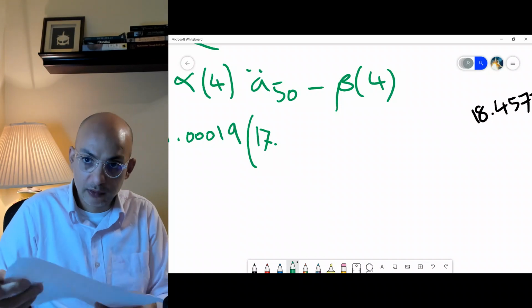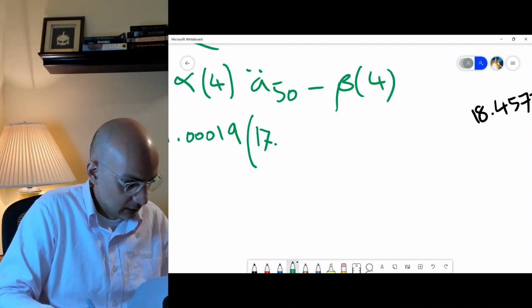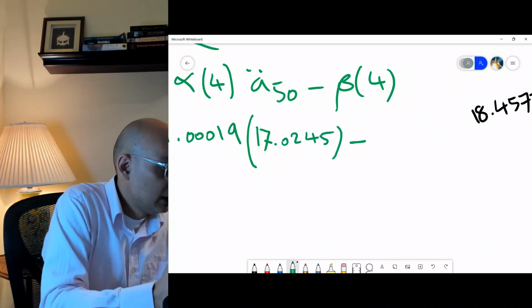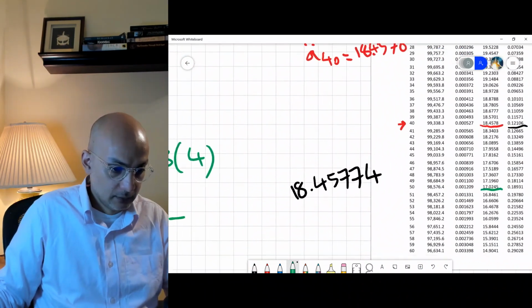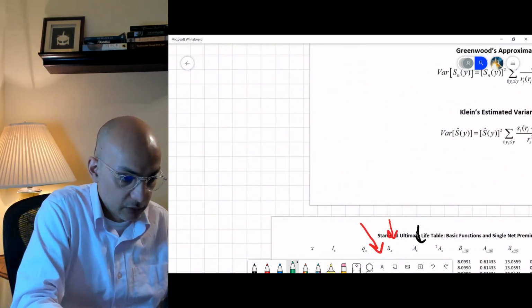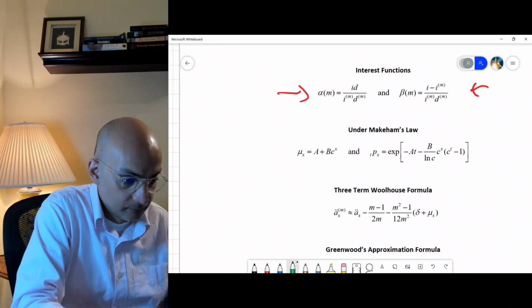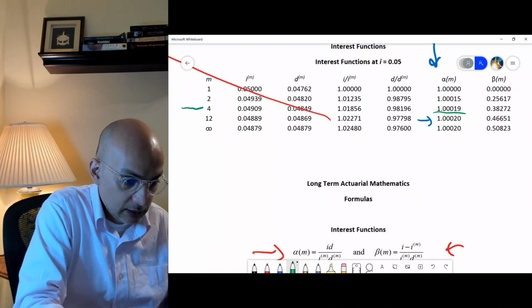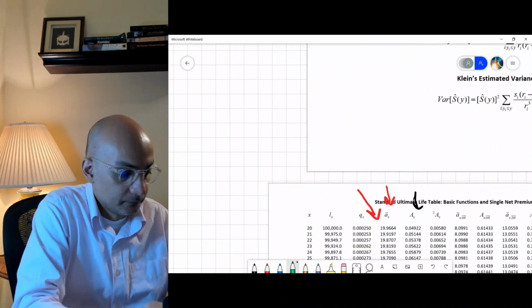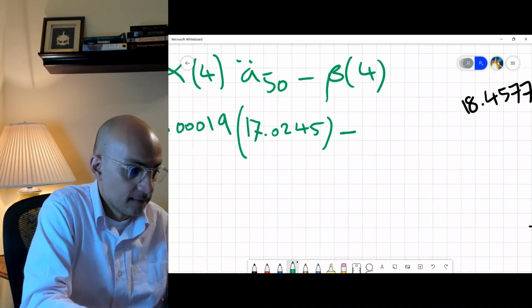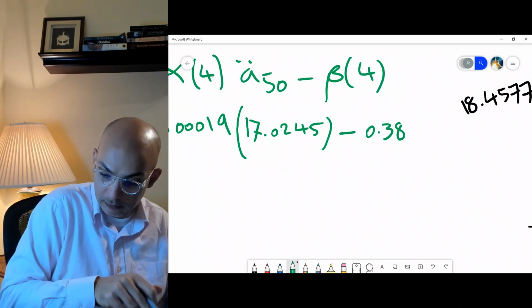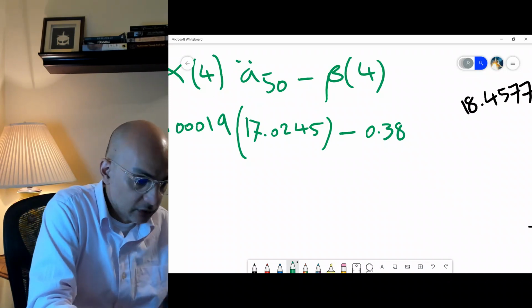Let me make sure here, it's easier for me to look at here. 17.0245 minus beta 4. Now we go back to this one, beta 4 is 38272.